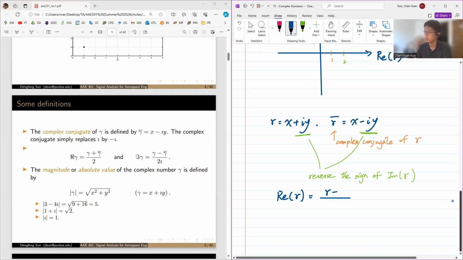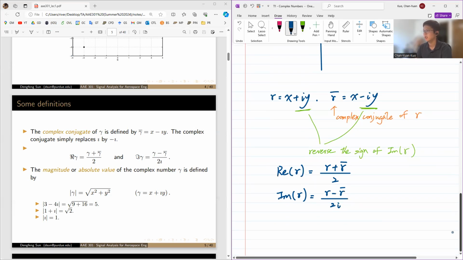Essentially, this is gamma plus its complex conjugate, divided by 2. And the imaginary part of gamma can be computed by looking at the difference between gamma and its complex conjugate, divided by 2i.